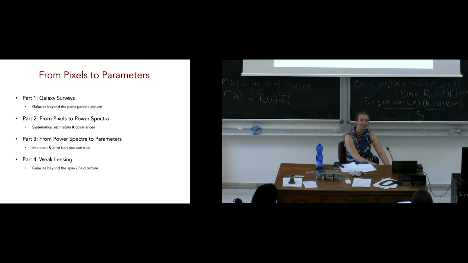Okay, if that was messy, now it gets really messy. In the next step, we'll talk about how to go from pixels to power spectra. So that comes in the form of systematics, estimators, and then I'll also, if time permits, talk about covariances.